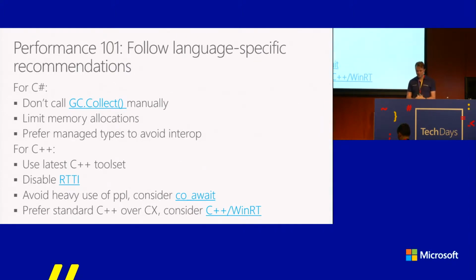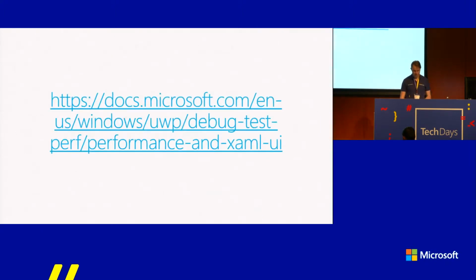That ties in with preferring standard C++ over C++/CX, which is primarily there for the interop layer and not meant to be a generally used language. We are actually working on a replacement for C++/CX, called C++/WinRT, which is more standard C++ on top of the Windows Runtime. Now, this link has much more information, and you can find it in the slide deck later.